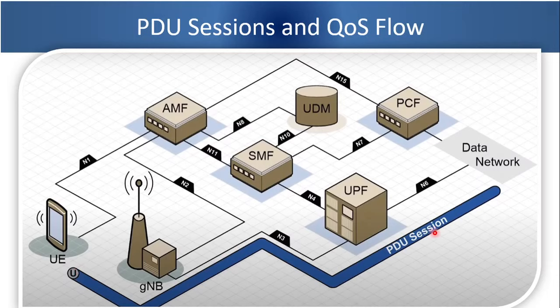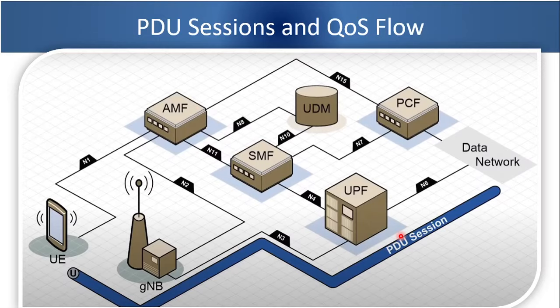This is called PDU session, and this part, UE, gNodeB, UPF and towards the data network, is the user plane part, and the rest, like AMF, SMF, UDM and PCF, are part of the control functions which facilitate this PDU session for the user equipment.